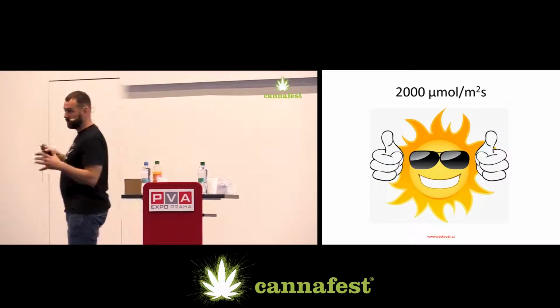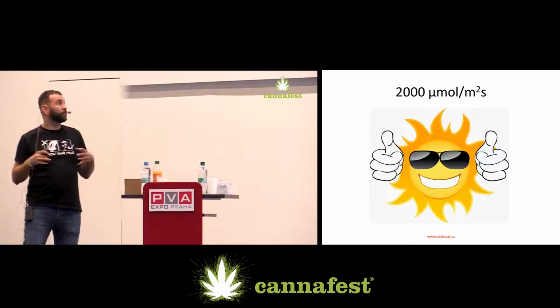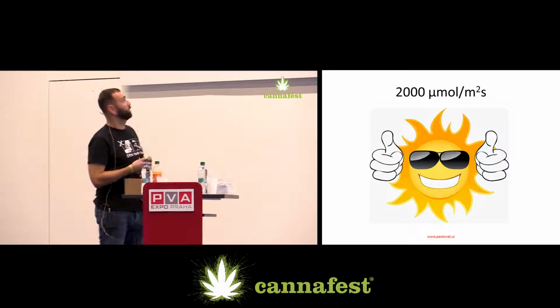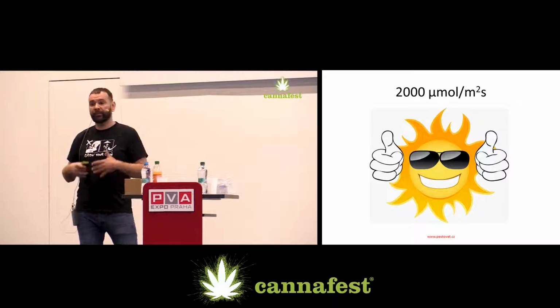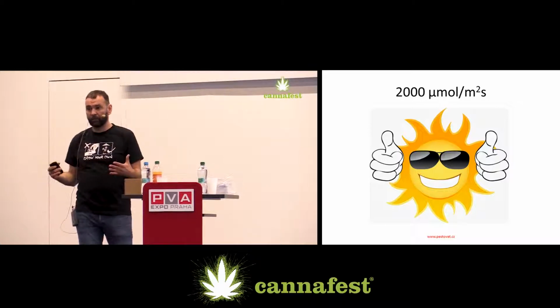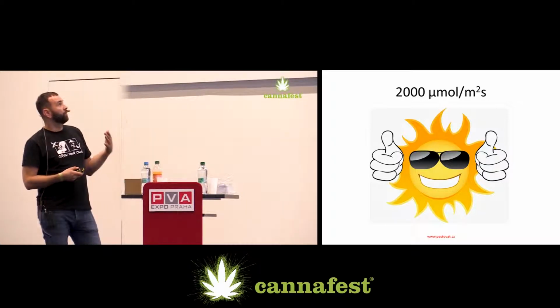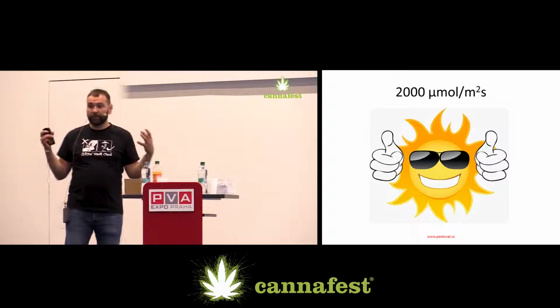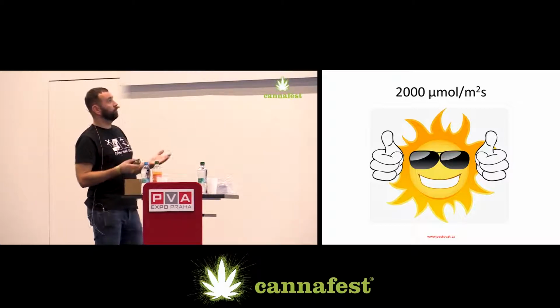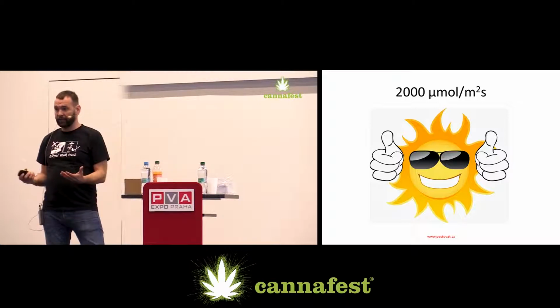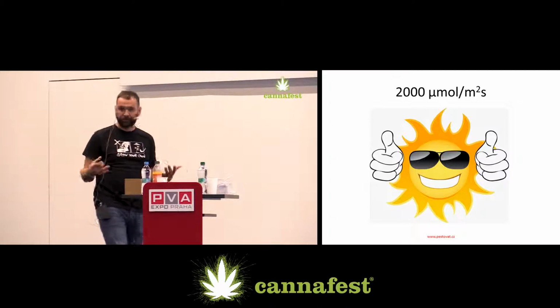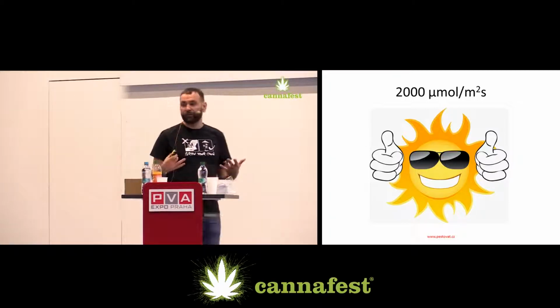In nature, outdoors, particularly at our latitudes, but in fact on most of the Earth, it's not that we have a clear sky all the time. So if we were to let the plants be hit by 1,000 or 2,000 per meter square per second, they can stand it.